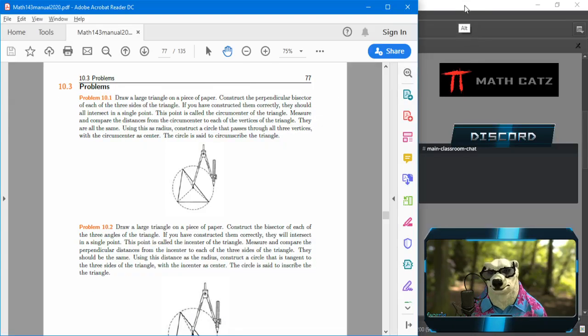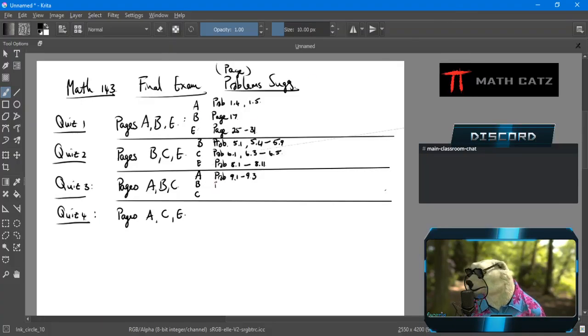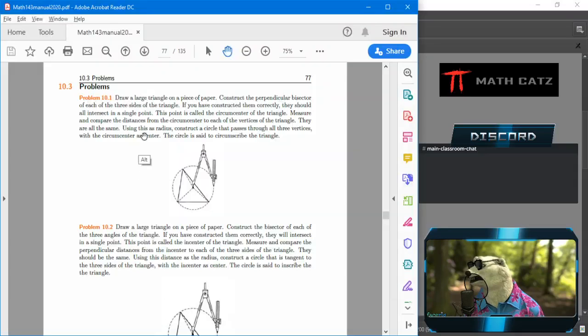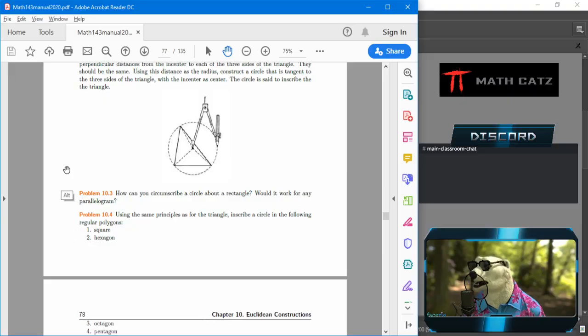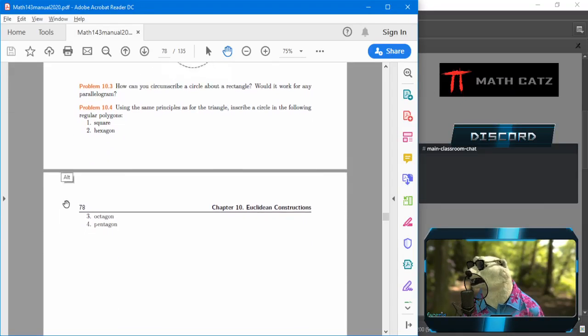Let's just write that down. So given a shape, problem 10.1, given a polygon that works like a triangle, can you put a circle around it using only your compass and a straight edge so that it touches every vertex? And that method is described there.